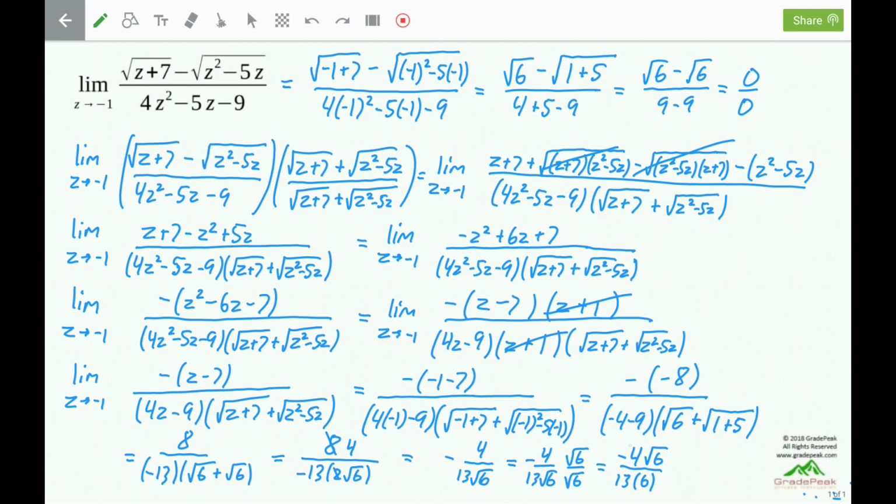And this can reduce a little bit because the 4 and the 6 here can reduce by a 2, leaving a 2 in the numerator and a 3 in the denominator. So we can also write this as negative 2 root 6 divided by 13 times 3, which is 39, as an optional result for this.